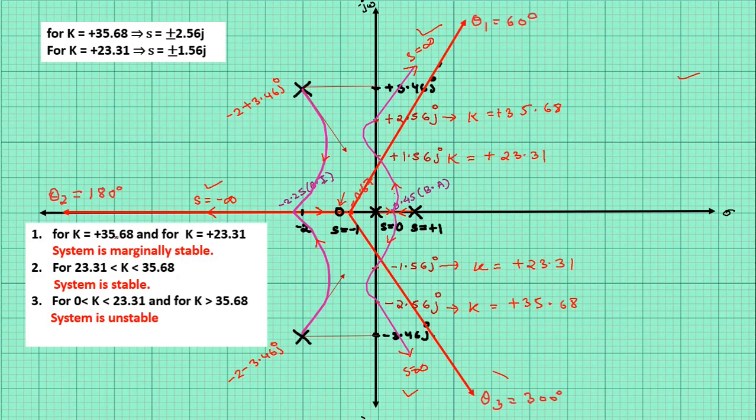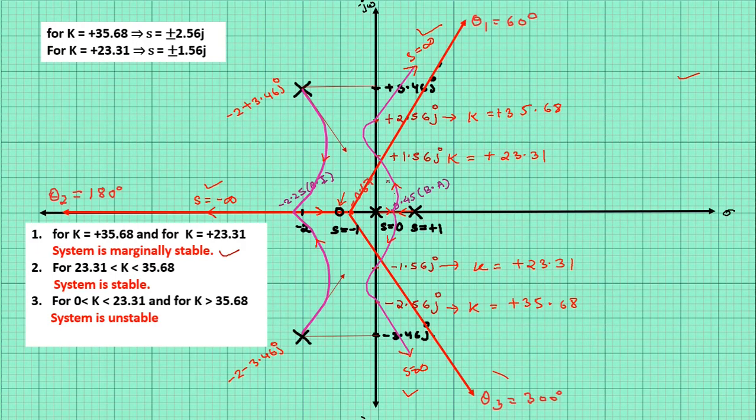For k equal to 35.68 and for k equal to plus 23.31, which are marginal values of k, the system will be marginally stable because these k values are marginal values of k. And for a range of k from 23.31 to 35.68, the system is stable.